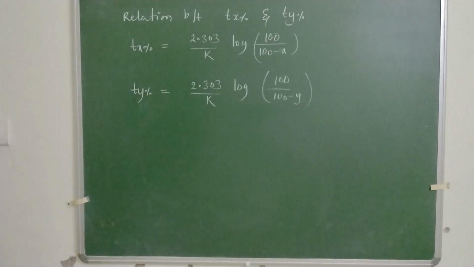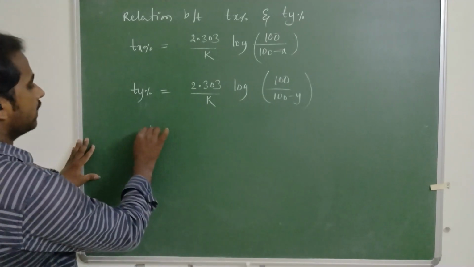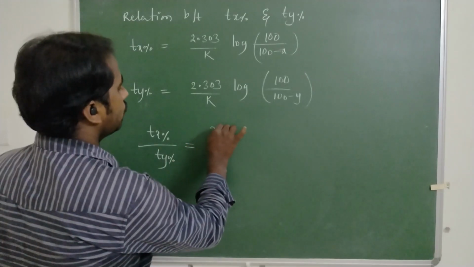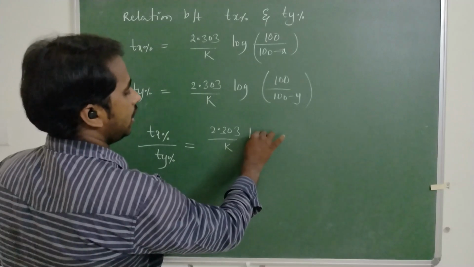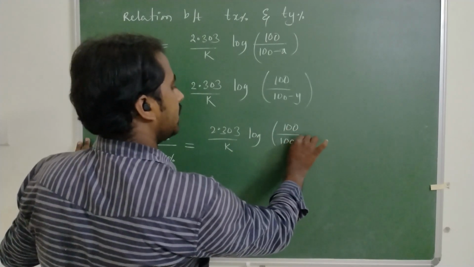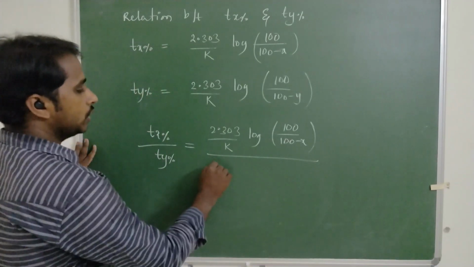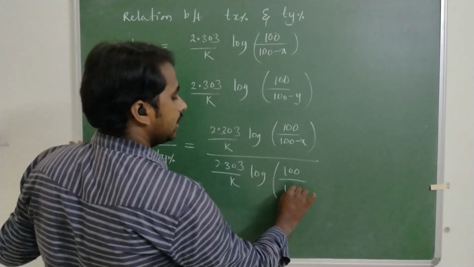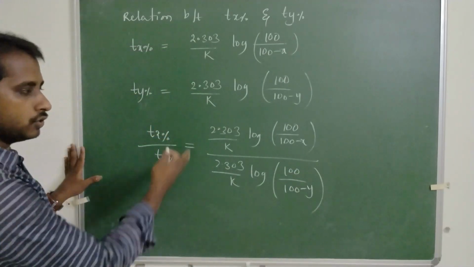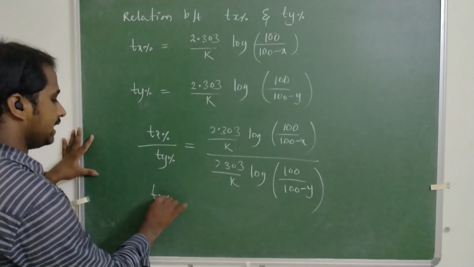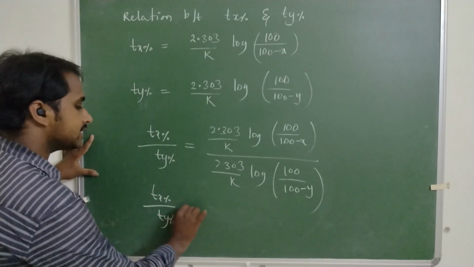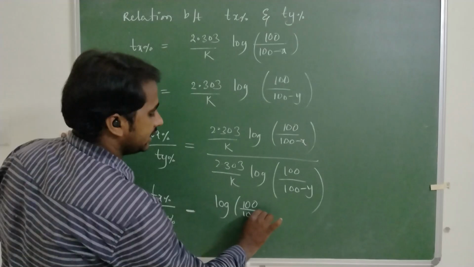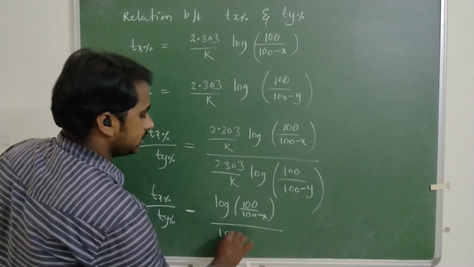So take t x percentage by t y percentage. That is equal to 2.303 by k log 100 by (100 minus x), by 2.303 by k log 100 by (100 minus y). So both get cancelled. So the final equation: t x percentage by t y percentage is equal to log 100 by (100 minus x) by log 100 by (100 minus y).